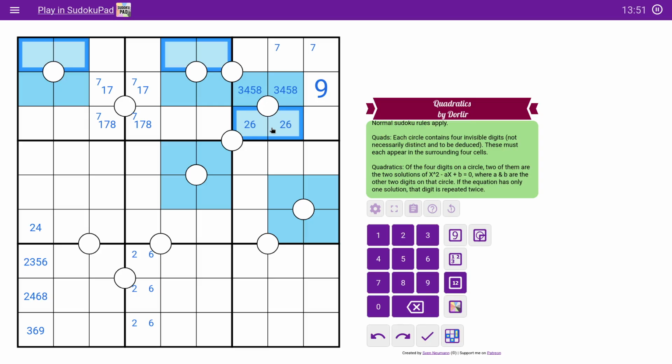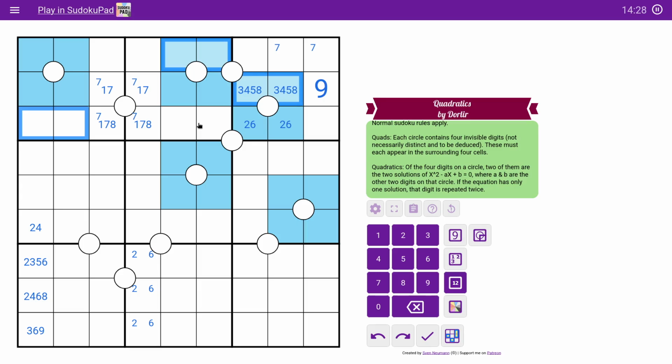This set contains 2, 6 twice. Like these 4 digits must equal these 4 digits, right? Because these 2 digits are somewhere up here, and then obviously 2, 6 is as well. So if this is 3, 5, then we have 3, 5 here, and then 3, 5 here, or vice versa.